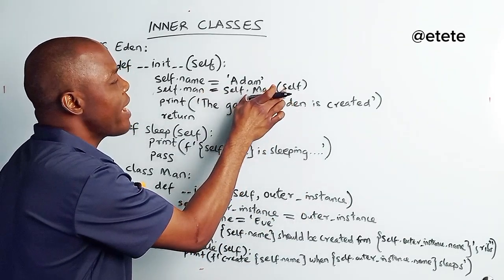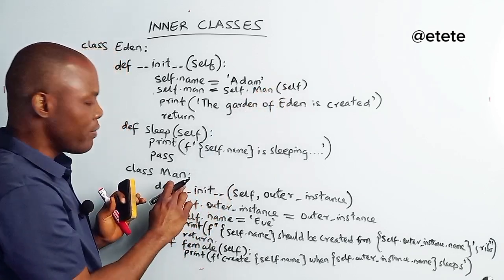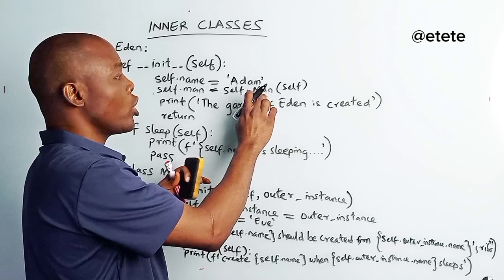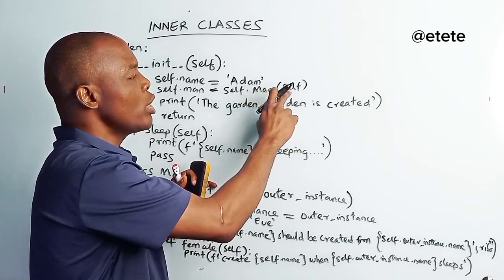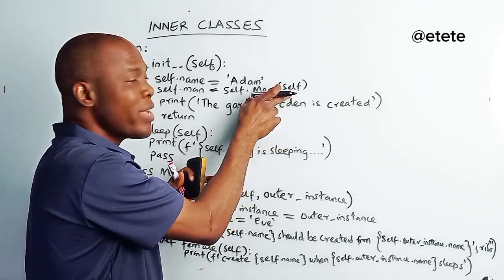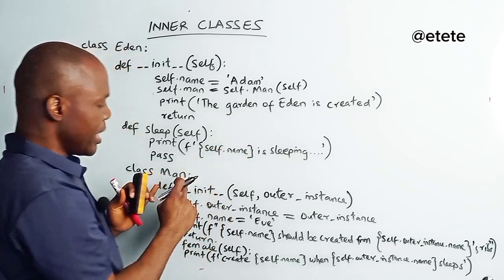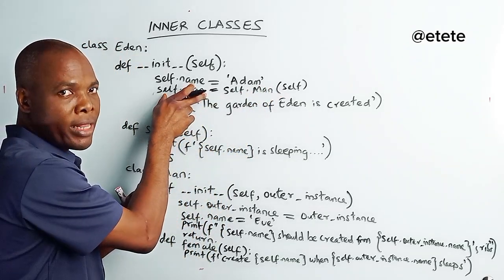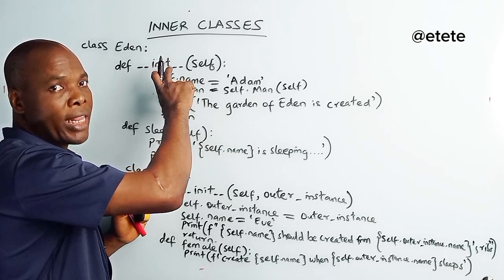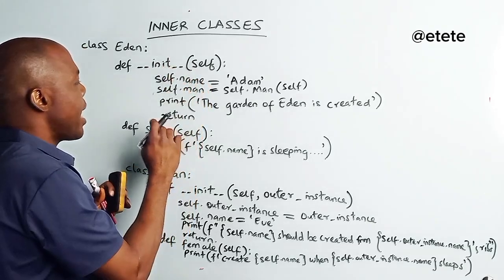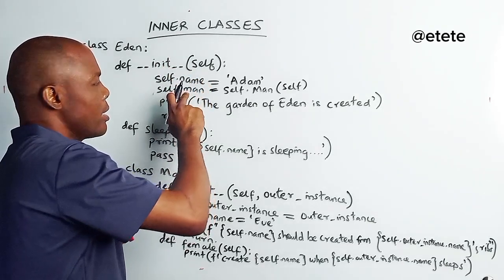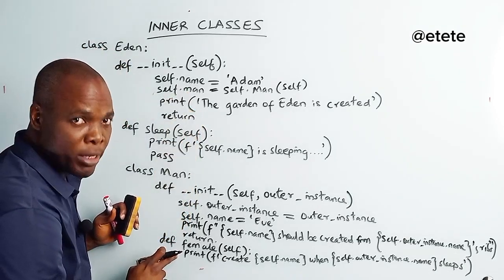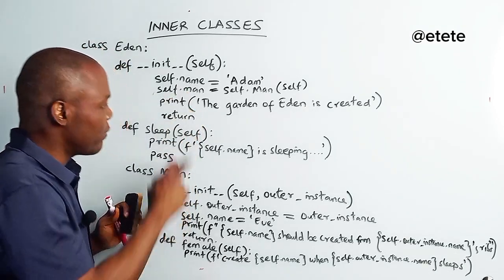So whatever I create, now I'm calling the instance of this inner class. The constructor of this inner class is what I'm going to use to instantiate the class. Now, when I create the object for this inner class, I'm going to have that object saved inside this self.man as an attribute of this outer class. Now, I can use this, which is the instance of the inner class that I've created, to access this method, which is in the inner class, from the outer class.